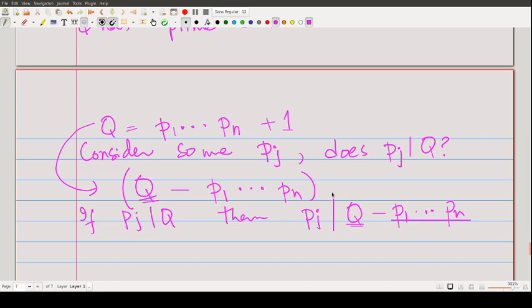So pj should be able to divide q minus p1 to pn, but that's asserting that pj should divide 1, because q minus this is simply 1, which is a contradiction.